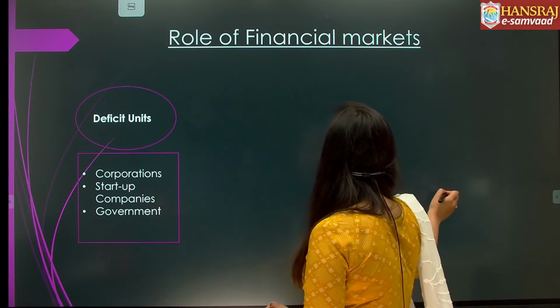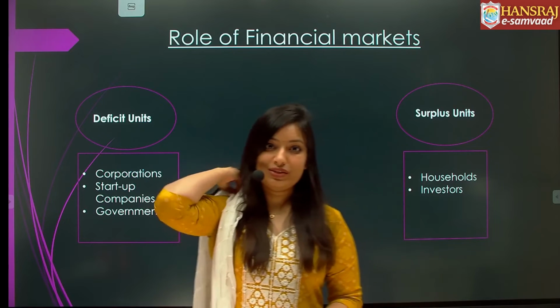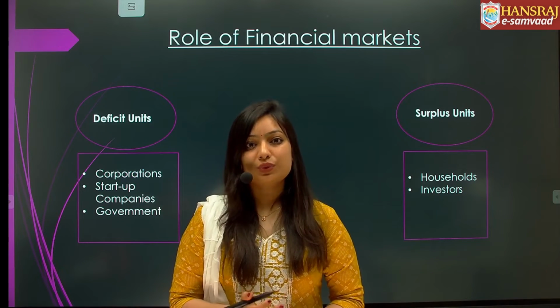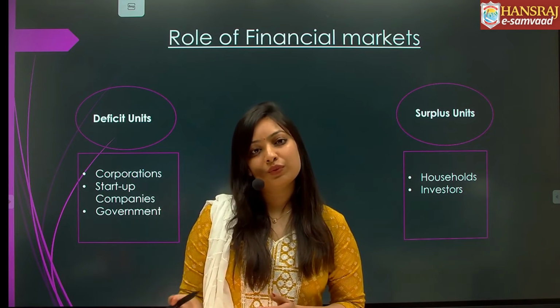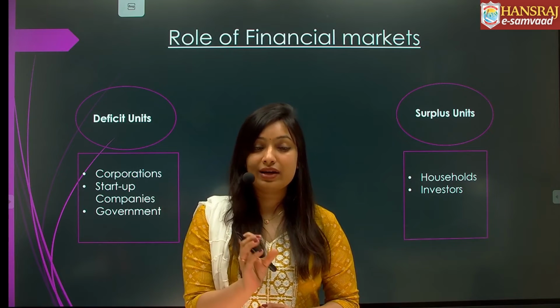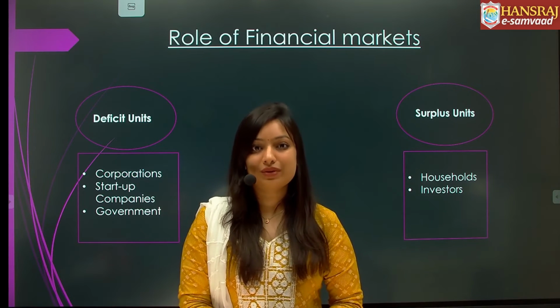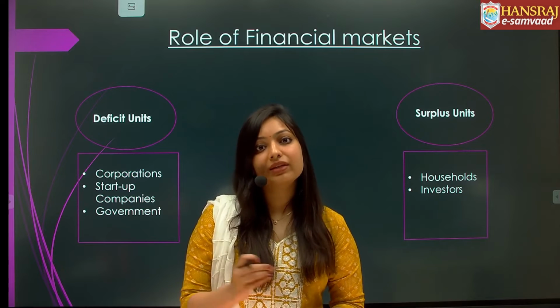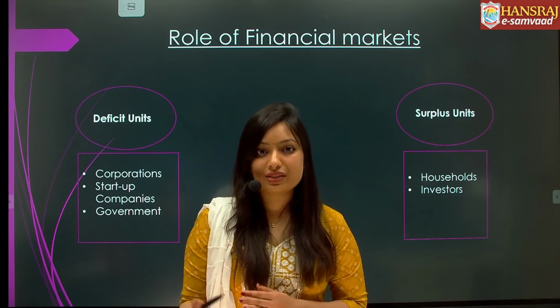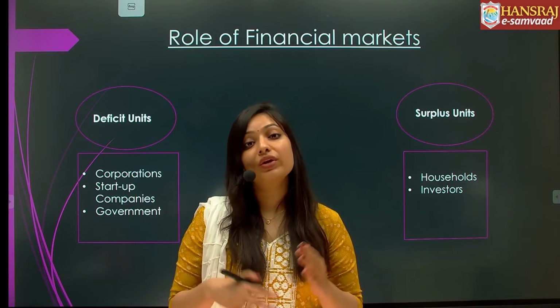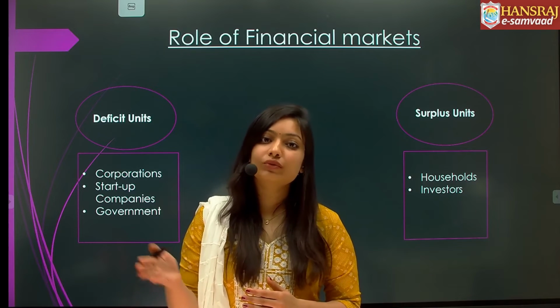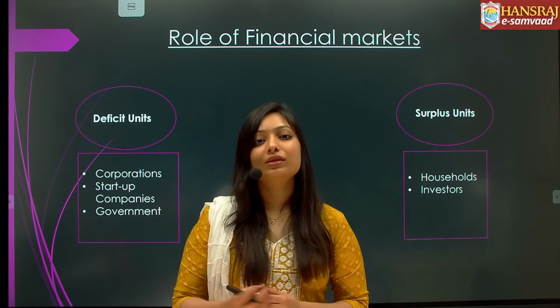Then we have the other units, which are the surplus units. The surplus units are those who earn more than what they spend. So they have net savings available with them, and they park their net savings by investing in different securities through the financial markets. And who are the surplus units?